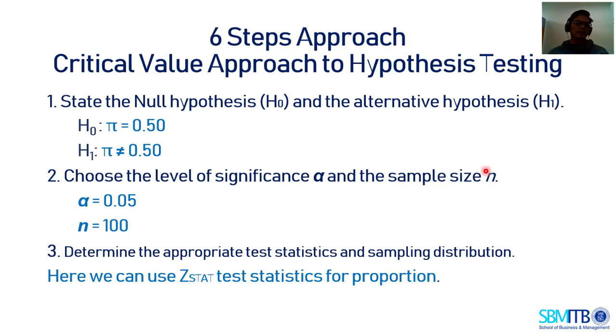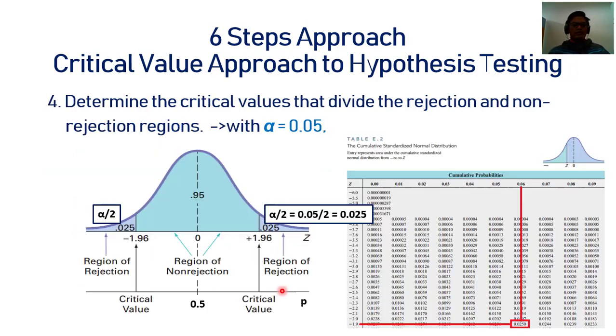Third step, we determine the appropriate test statistics. Here, we use the z-stats test statistics for the proportion. Going to the fourth step, we determine the critical values that divide the rejection and the non-rejection regions. With an alpha of 0.05, we divide the error term in both sides evenly to the left side and the right side. Then the alpha for the left side and the right side will be equal to 0.05 divided by 2.